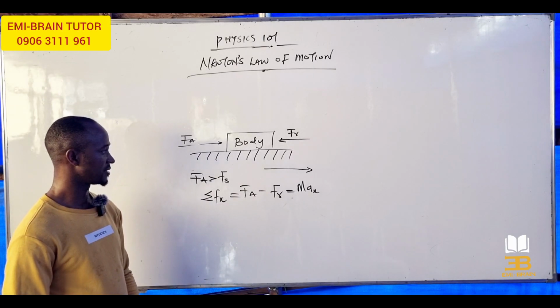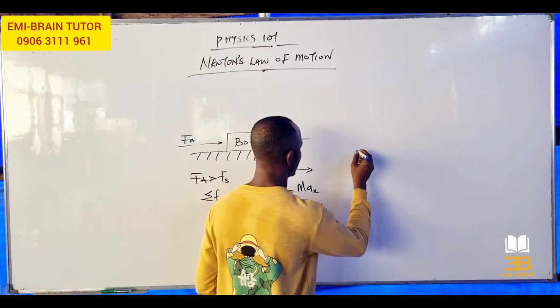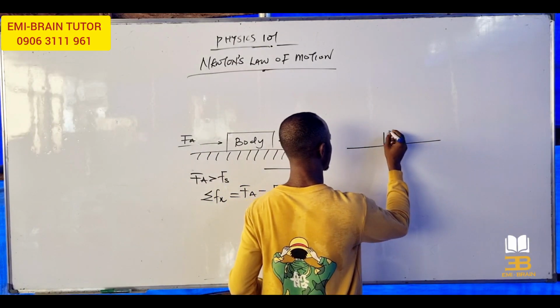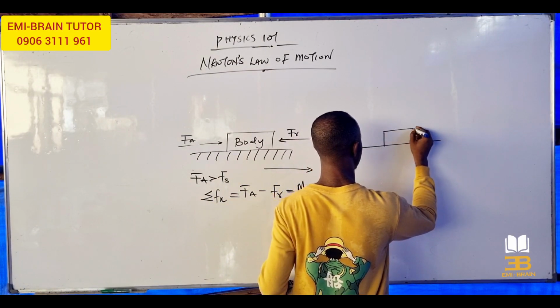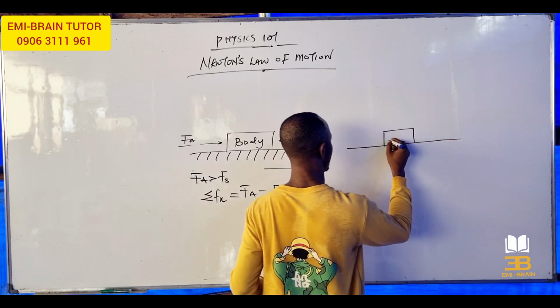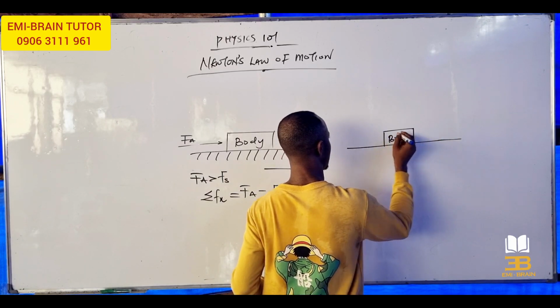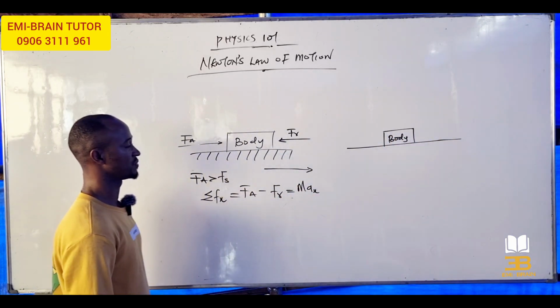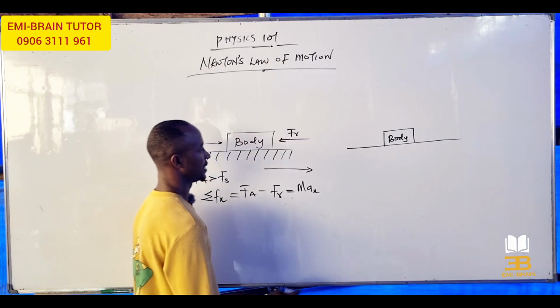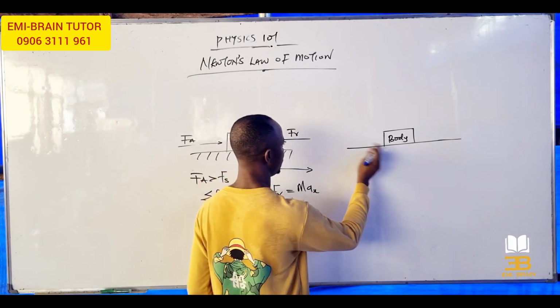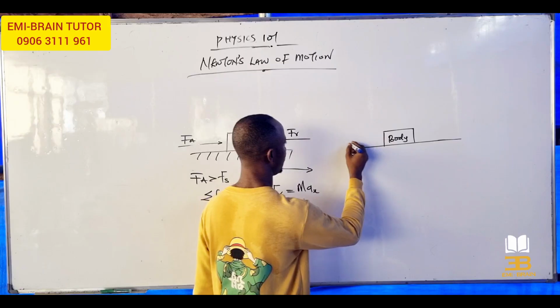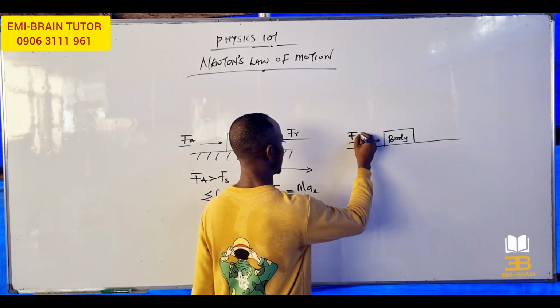Now what if we have a surface which is a smooth surface, a surface that is not rough, and the body is kept here? The body is kept on a smooth surface. That means the only force that can be applied for this body to move from one point to another is just the applied force.